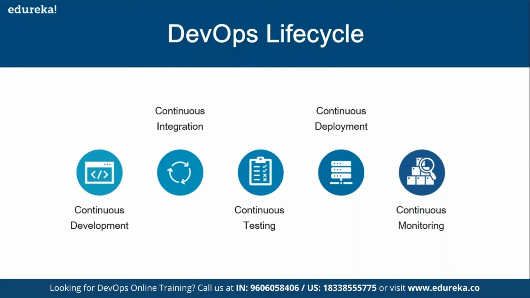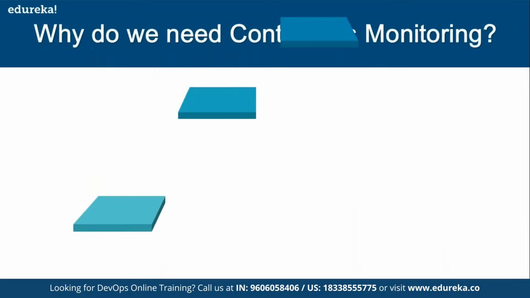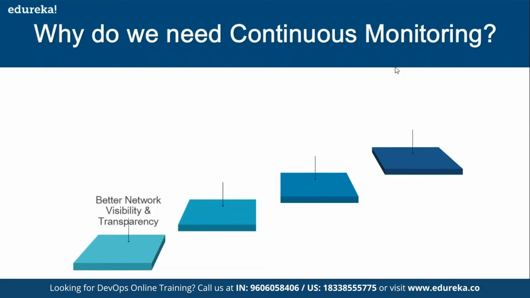Before we move on, let us understand why we need continuous monitoring in the first place. There are 4 major reasons as to why we need to practice continuous monitoring. The first and obvious reason is it allows us to have better network visibility and transparency.